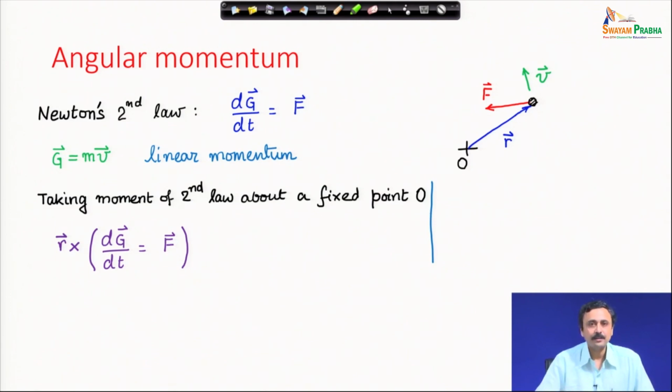Arm vector is r, arm cross vector is the moment of a vector always. This cannot be reversed because the cross product, as you know, is non-commutative. Therefore, whenever we define moment, it is the arm cross the vector: r cross rate of change of linear momentum on the left hand side and r cross F on the right hand side.